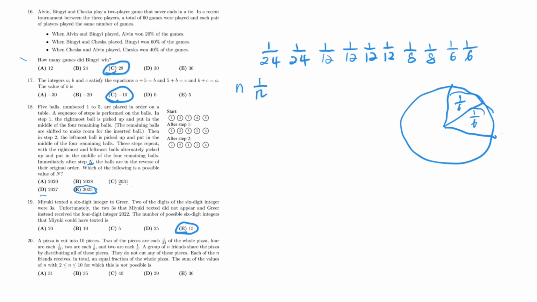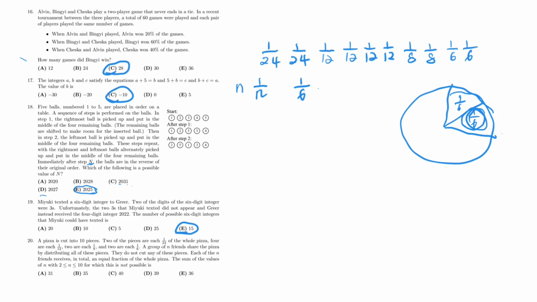The largest fraction is 1 over 6. That means any of the n friends must share at least 1 over 6, because each piece cannot be cut.